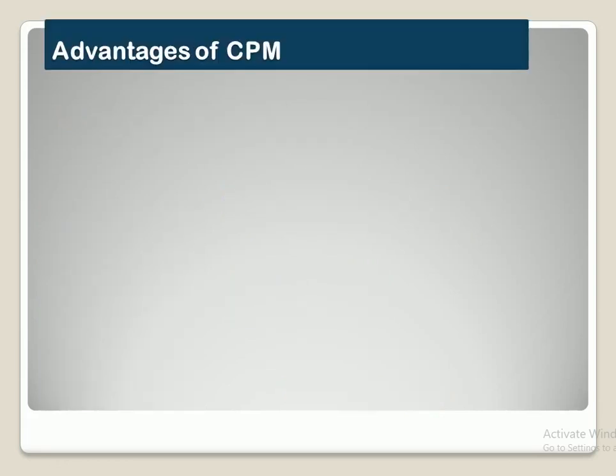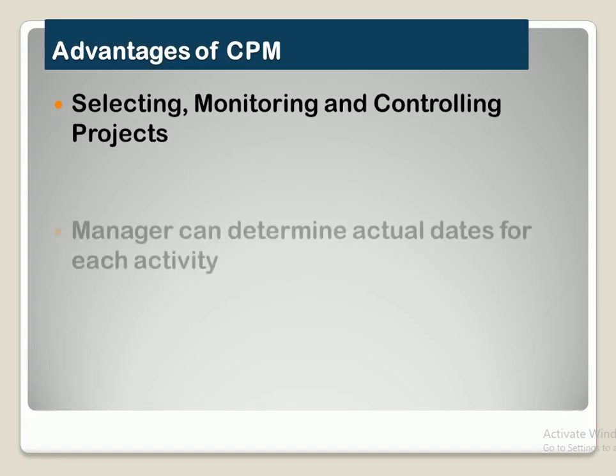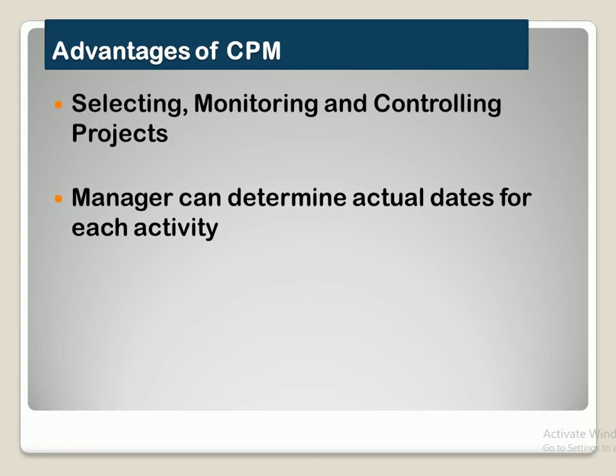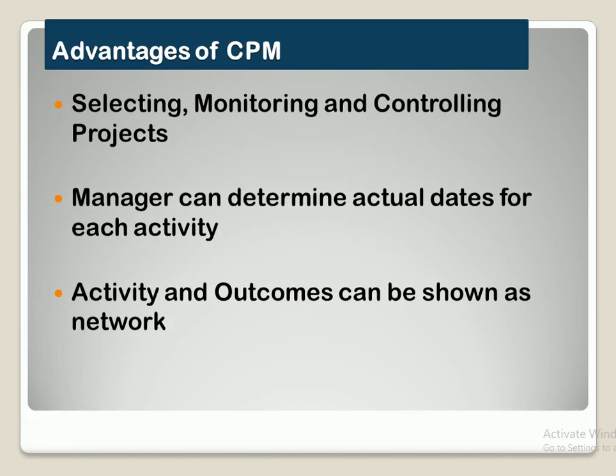Now, we already have discussed a lot about CPM, so I will just tell you briefly the advantages of the CPM. It helps in selecting, monitoring, and controlling the projects. The manager can determine the actual dates for each activity, and activities and outcomes can be shown as a network.